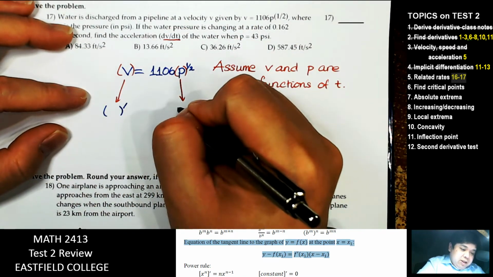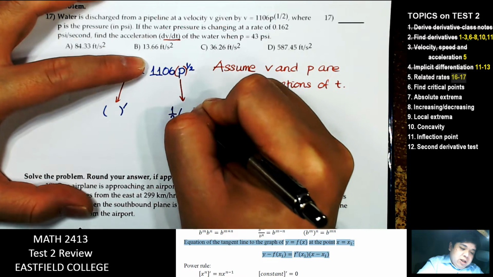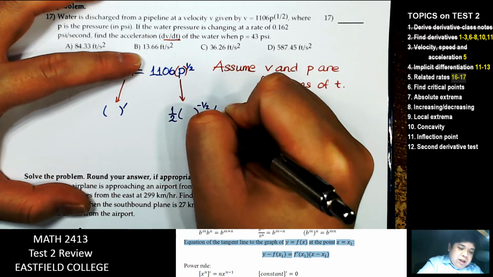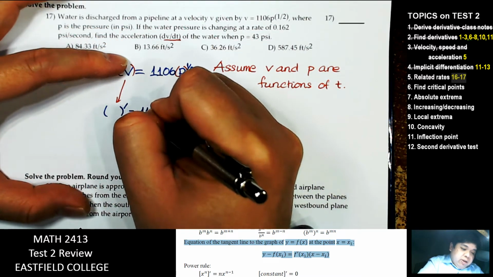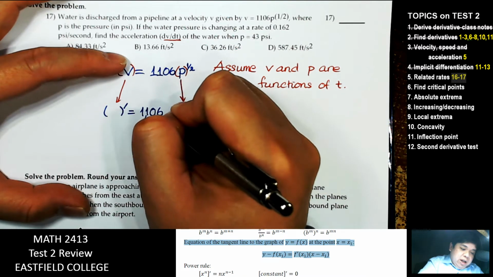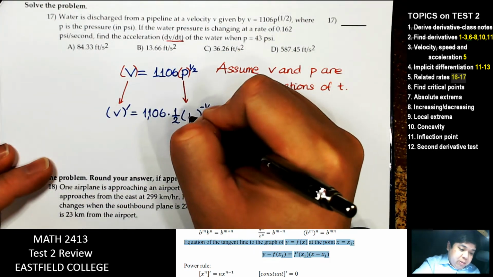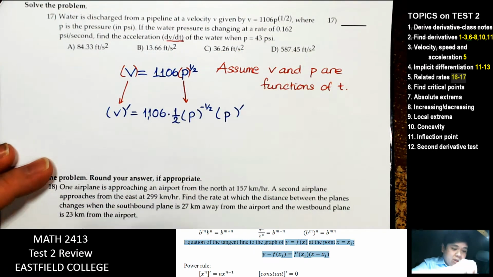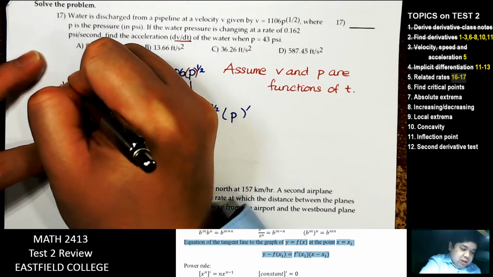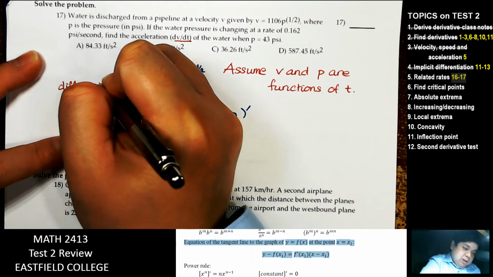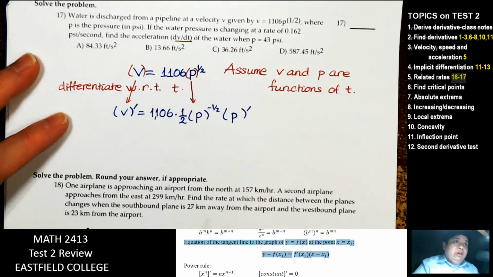We just have the derivative, and this is a little bit different, it would be 1/2 the parentheses to the negative 1/2, and then the parentheses derivative. Of course, in front of that we still have 1106. Right, here we have V, and here we have P and P. Now since both of them are functions of t, I just write here differentiate with respect to t.